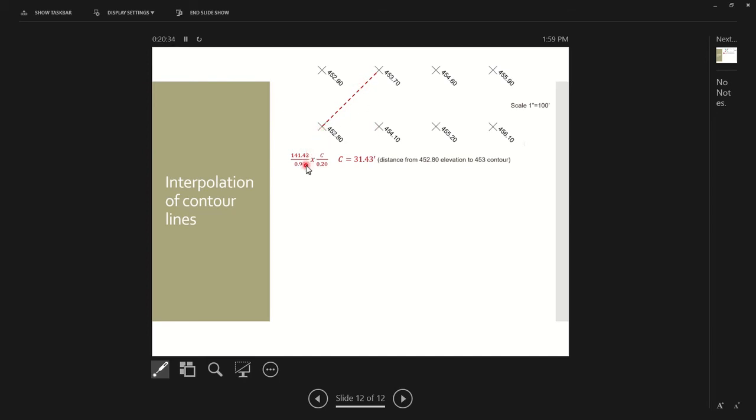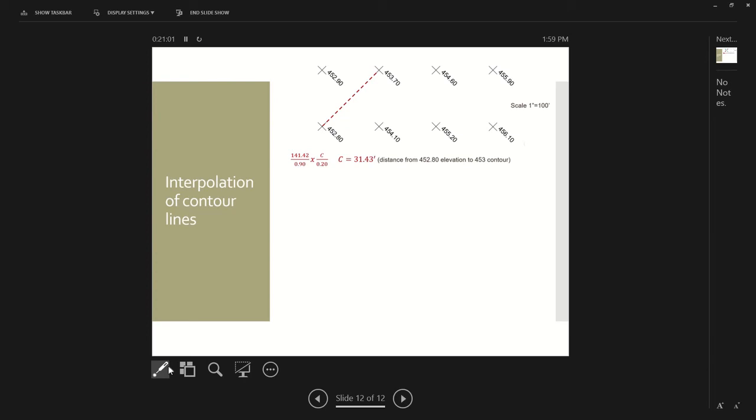My change in elevation, which is b, between these two points is 0.9. I'm trying to find c, and to get to the whole contour elevation of 453, I'm moving 0.2 feet in elevation from this one. So I'm trying to find the distance that I scale. When I apply it through the formula, I get 31.43.